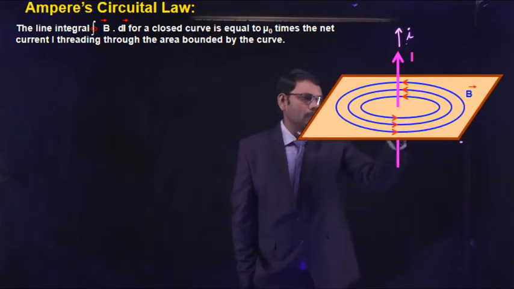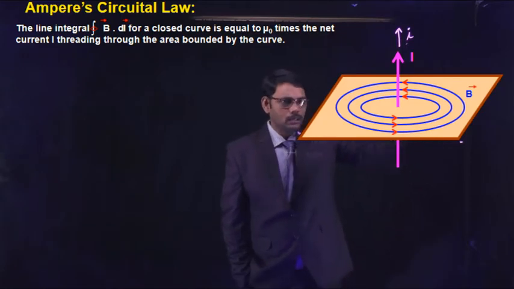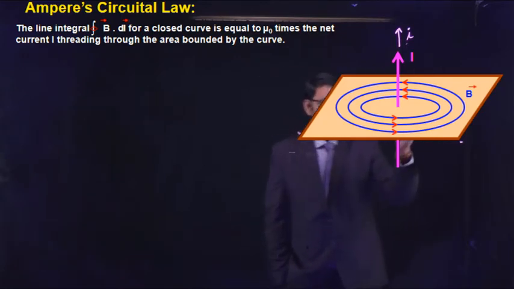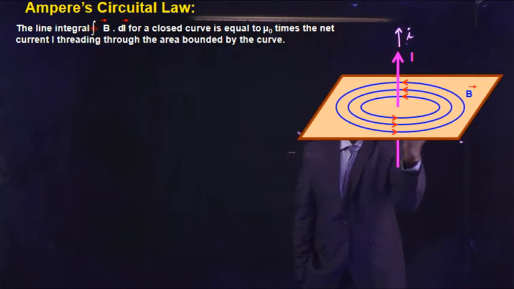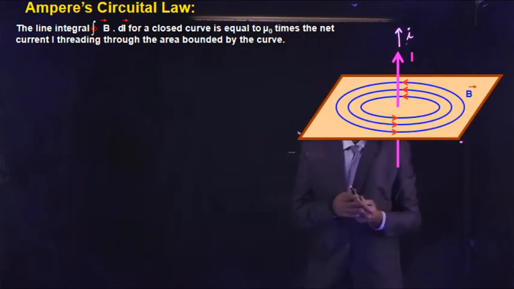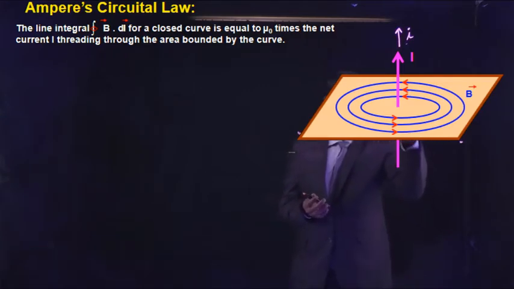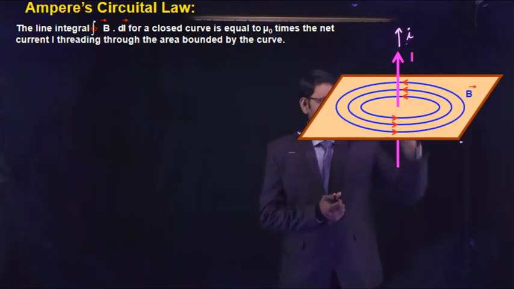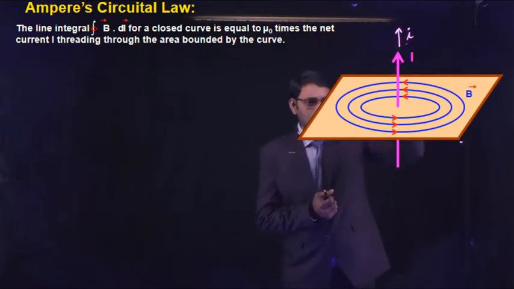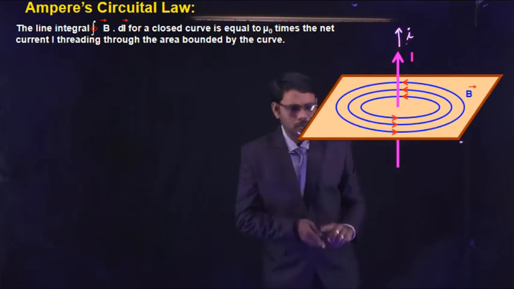There is magnetic field along these closed loops. The line integral of magnetic field along the closed loop is equal to mu naught times the total current enclosed by the surface.